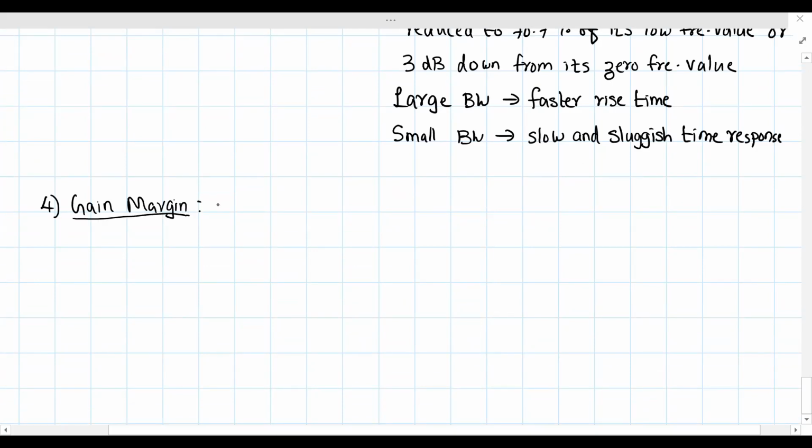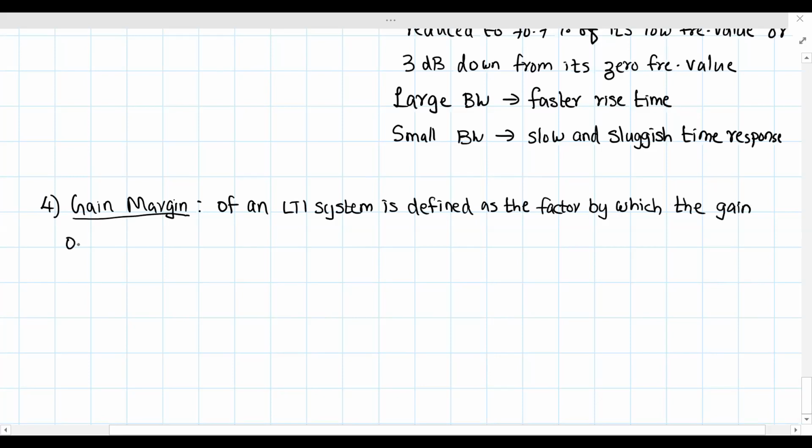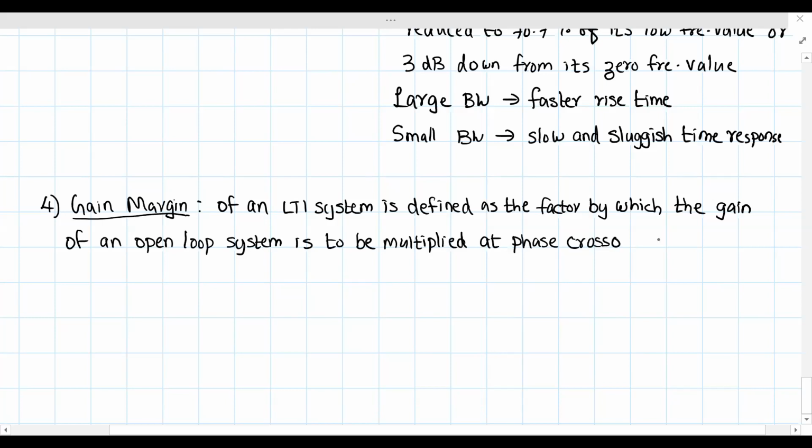Gain margin of an LTI system is defined as the factor by which the gain of an open loop system is to be multiplied at phase crossover frequency, omega pc.